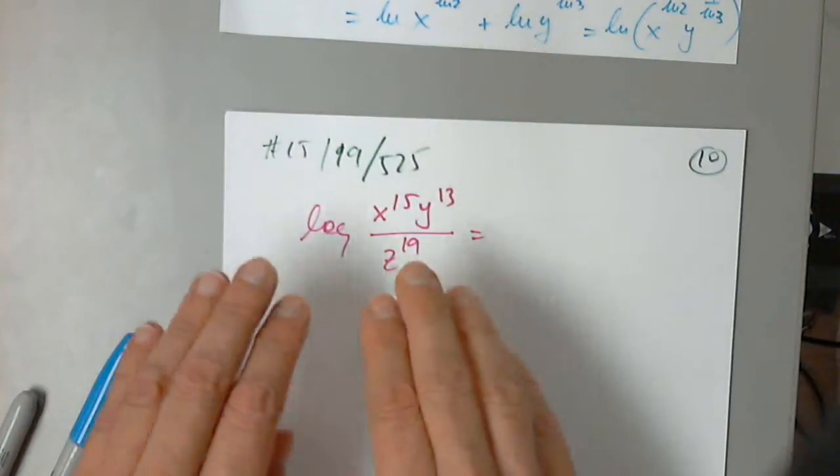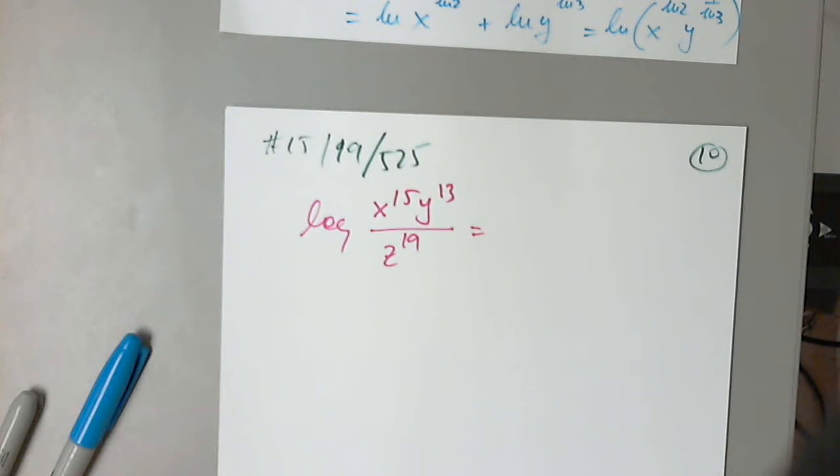Here we are given one log, and they want us to expand into simple logs, applying the 3 properties that we have. We may apply all of them, or we may not, but that's all we have available. We have to start with log applied to a ratio.